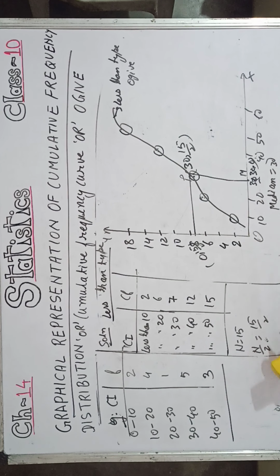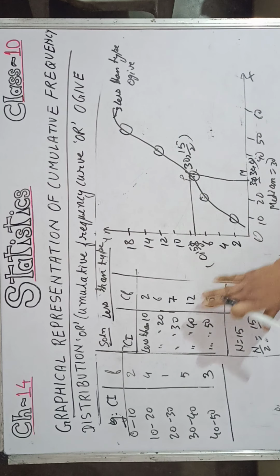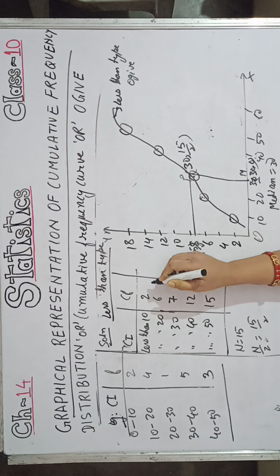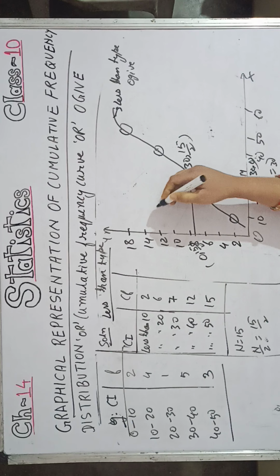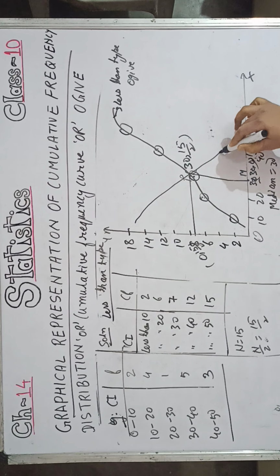Now in the same graph, if we have to construct less than and more than both, you will be constructing more than and less than in the same graph. So suppose I am drawing over here, that table I rubbed, but suppose the graph was coming like this.